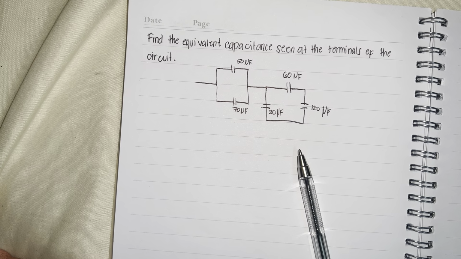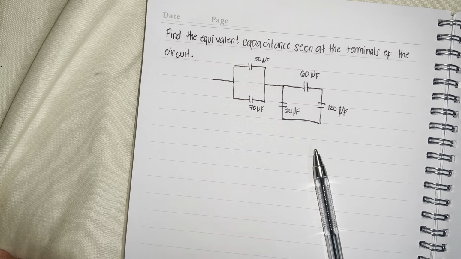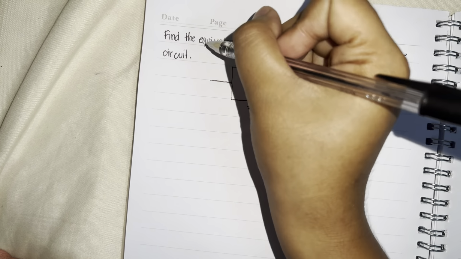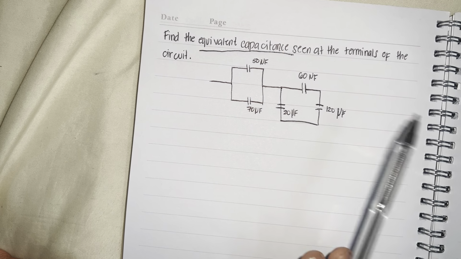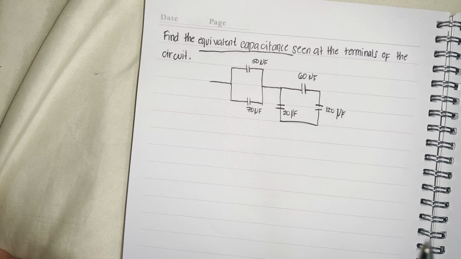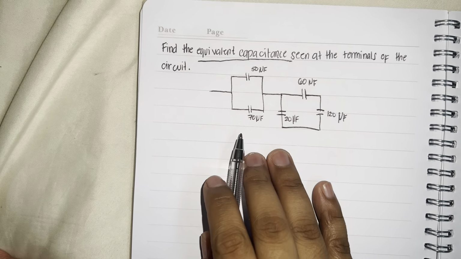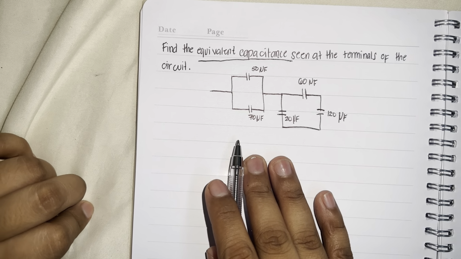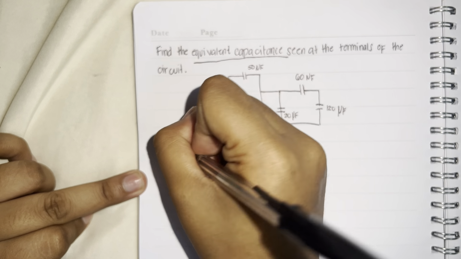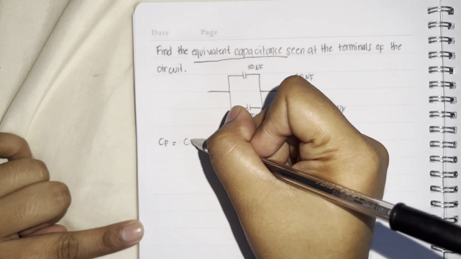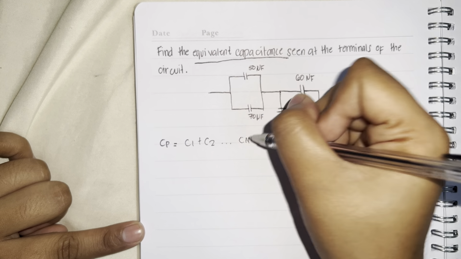So now this is another example of capacitance, and here the problem is to find the equivalent capacitance seen at the terminals of the circuit. This one is a series and parallel combination of capacitances. If we have parallel capacitors, the equivalent capacitance is C1 plus C2 plus ... Cn.